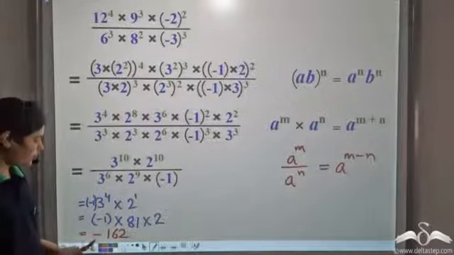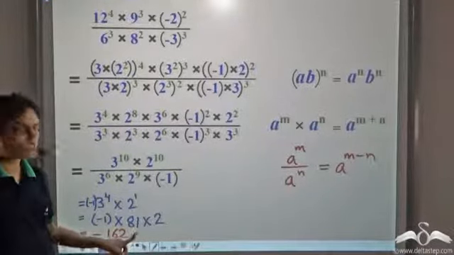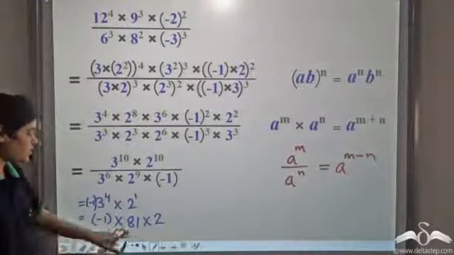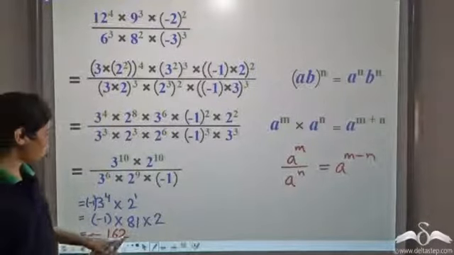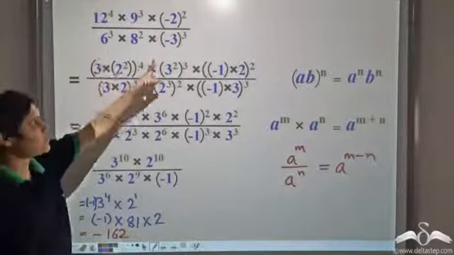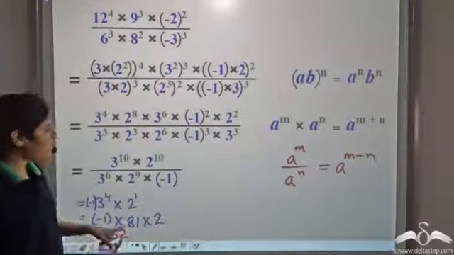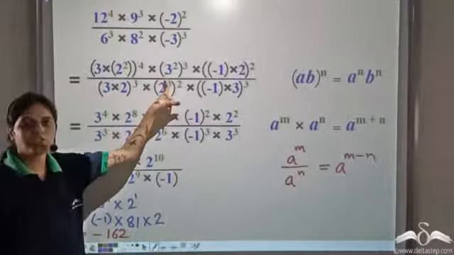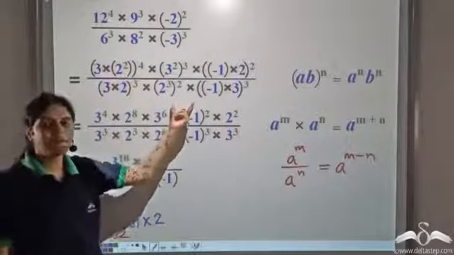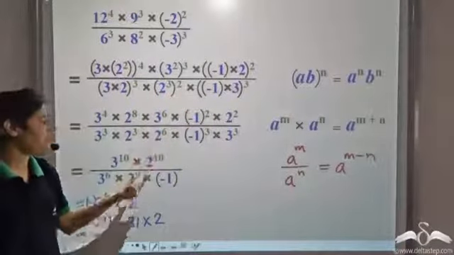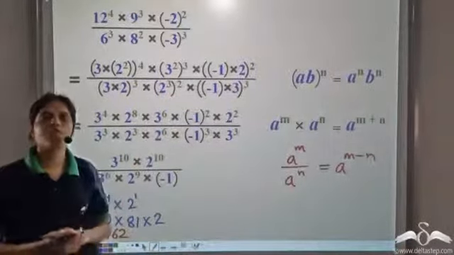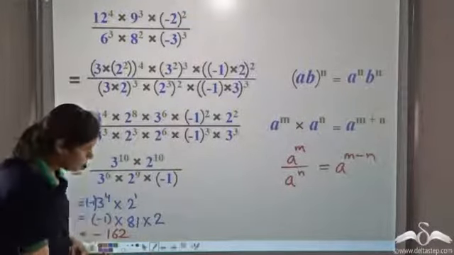So this is the solution, or this is the value of this expression. We can derive it by first writing the expression in terms of its prime factors and then simplifying it using the laws of exponents.